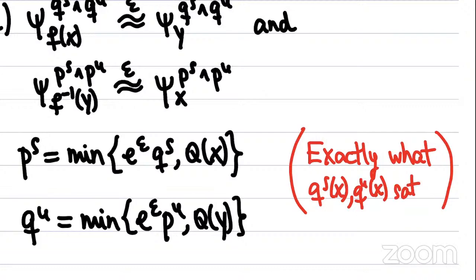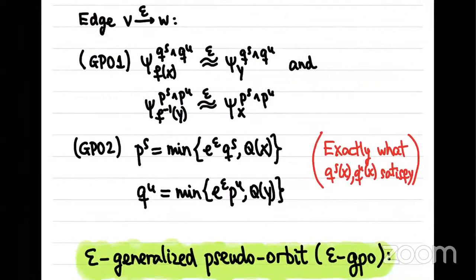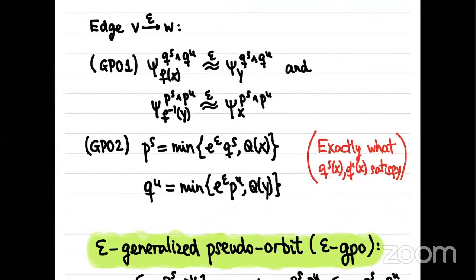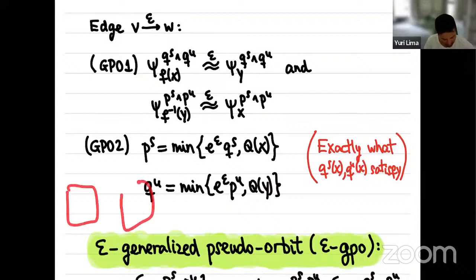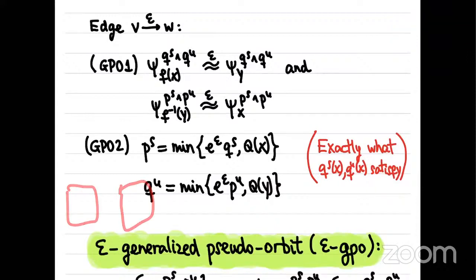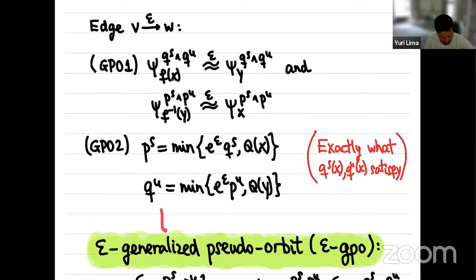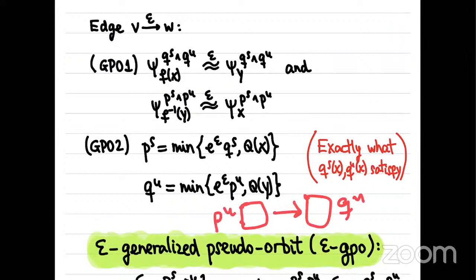On the left side, it is PS equal to the minimum of... and below QU, is it correct? No. Oh yeah, okay, I see, because you go from x to y. So for the stable, you start here and you go here. So PS depends on QS. But for the unstable, you start here and you go here. So QU depends on PU. Yes. Okay. Thank you.